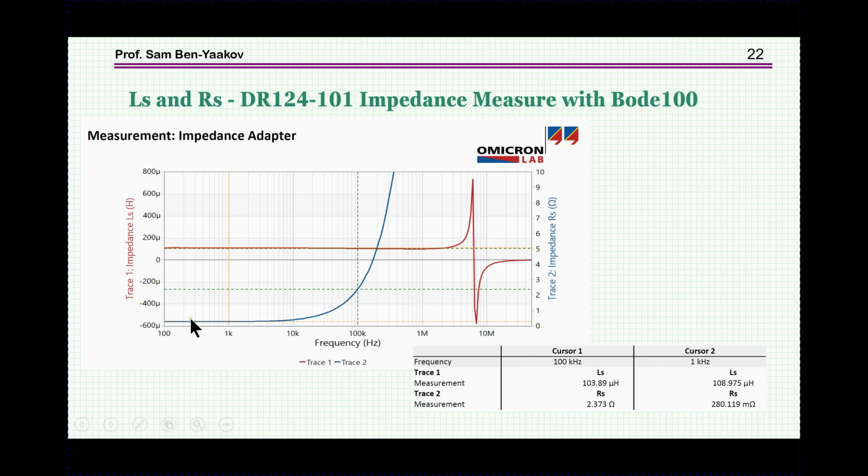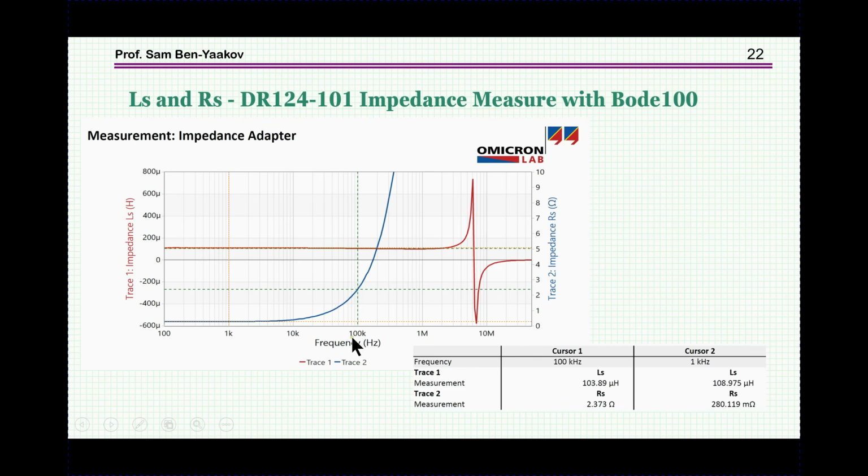Now at the very low frequencies, say 1 kilohertz, here it is 280 milliohm. This is about the value that the vendor, the manufacturer, is giving in the datasheet for this particular unit, about 280 milliohm, and this is at low frequency.